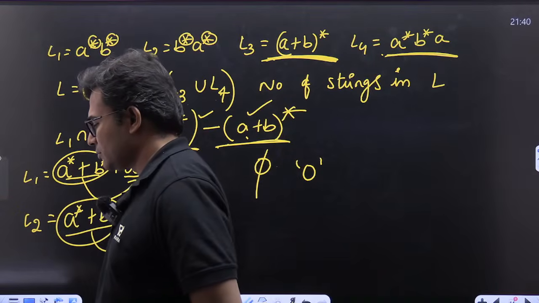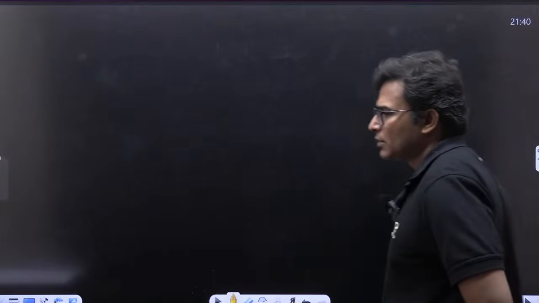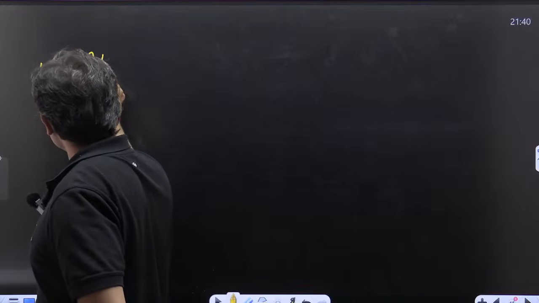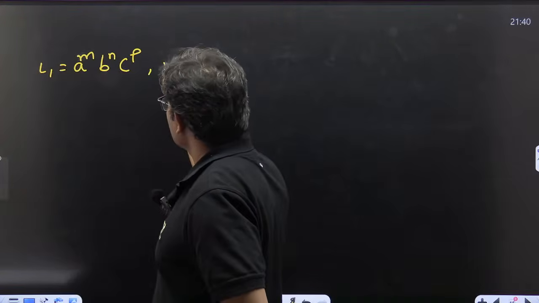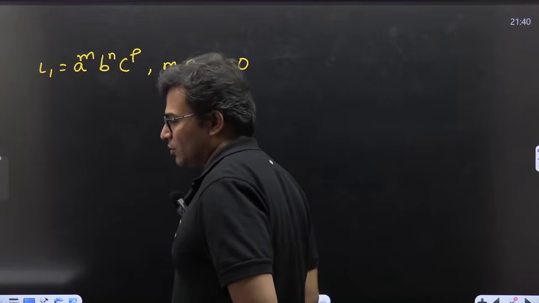Right? So answer this question, okay? L1 equal to A power M, B power N, C power P such that M, N, P greater than or equal to 0.